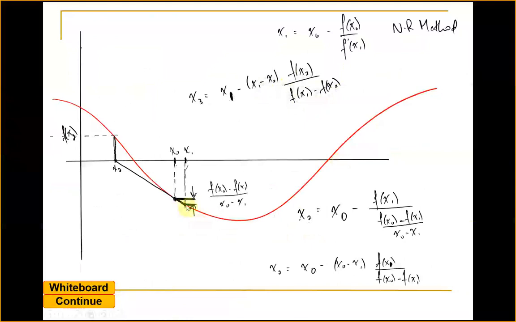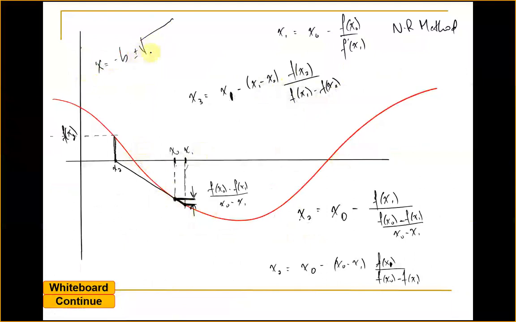So instead of picking 2 values, I pick 3 values, and from the 3 values I fit a quadratic function and find out where the quadratic function crosses the x-axis, just using the standard expression for the root of a quadratic function, which is the root equal to negative b plus or minus the square root of.